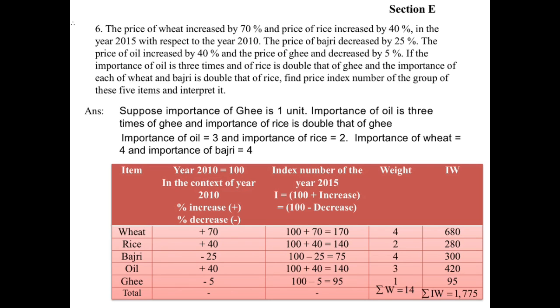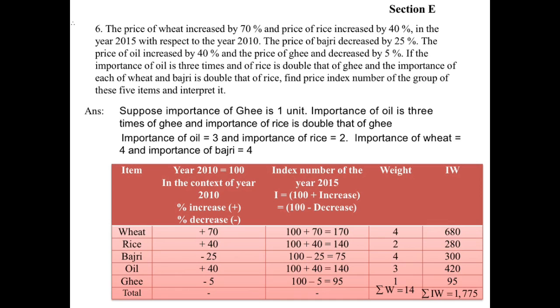Again I repeat, what they say in the example is that importance of oil is 3 times that of ghee. So if importance of ghee is 1, then importance of oil is 3. And rice is double that of ghee, so for rice it is 2.